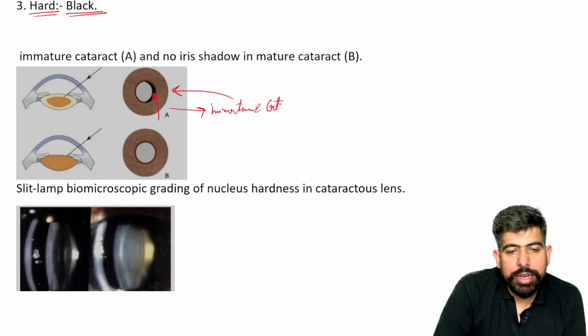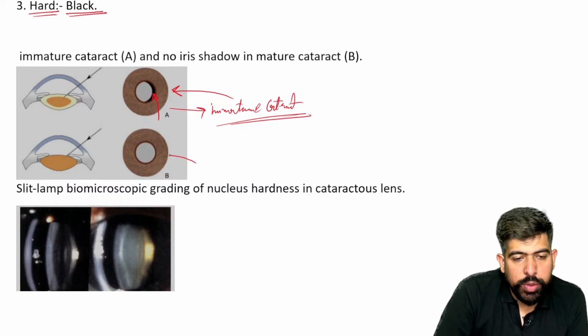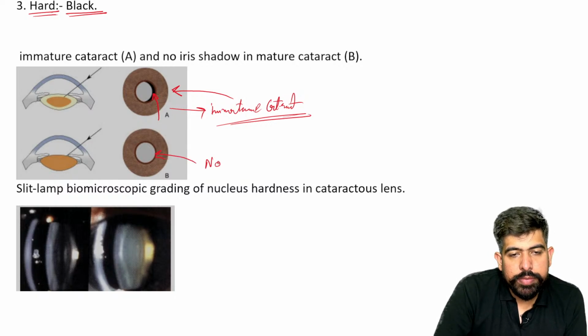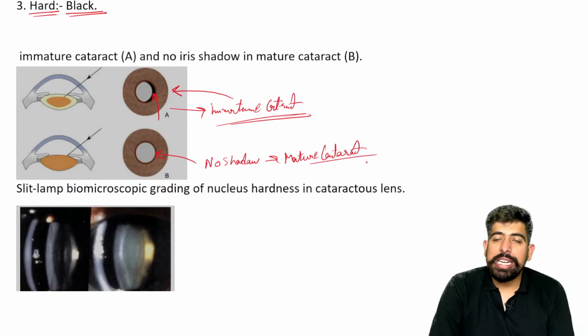And if there is no shadow, you can see over here there is no shadow, and as I told you, if this is there, it is a mature cataract.